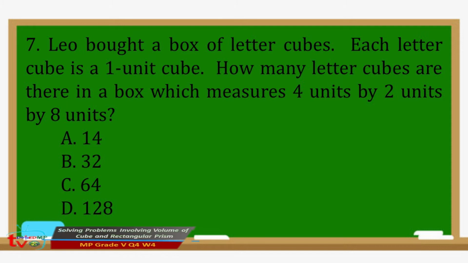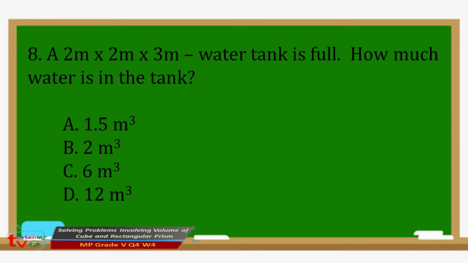Each letter cube is a 1-unit cube. How many letter cubes are there in a box which measures 4 units by 2 units by 8 units? A. 14. B. 32. C. 64. D. 128.